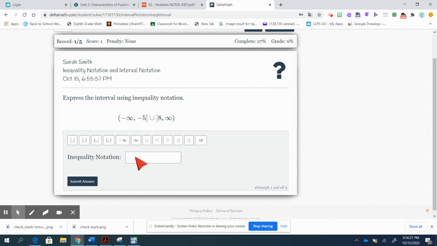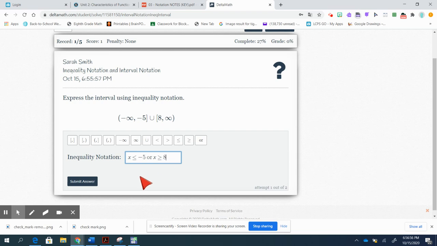So we know that X can be any negative 5 or less. So we can do X is less than or equal to negative 5, right? Or X can be greater than or equal to 8.